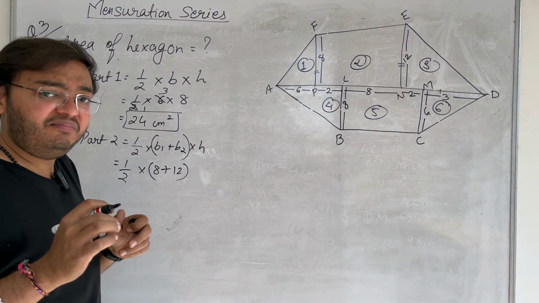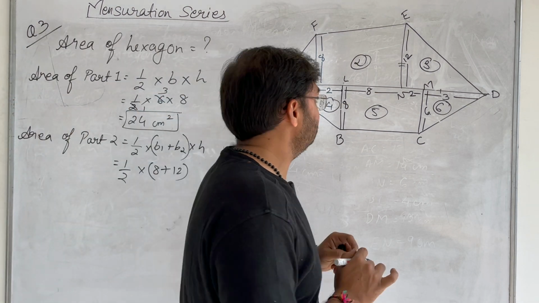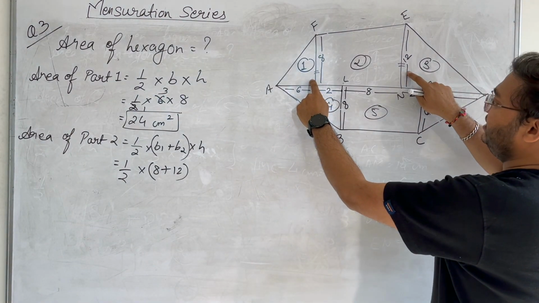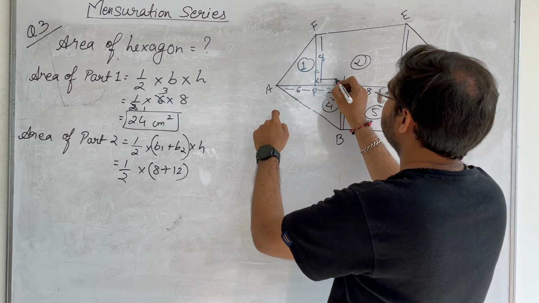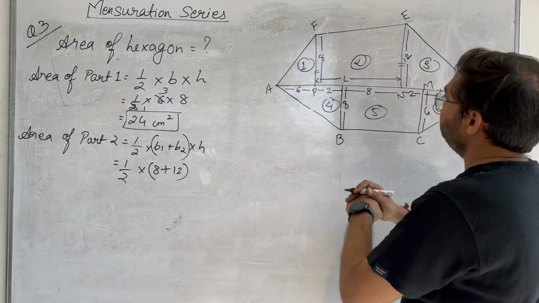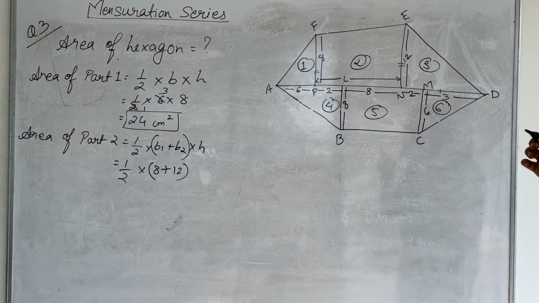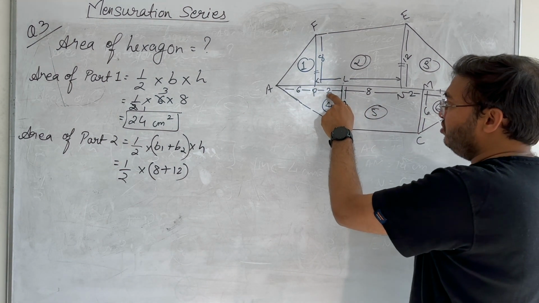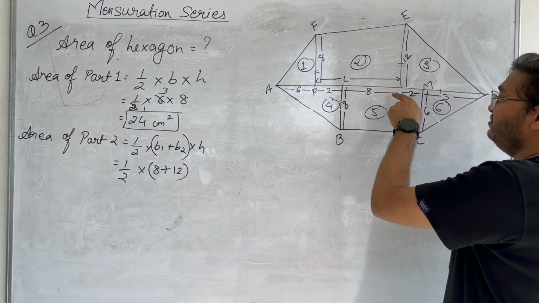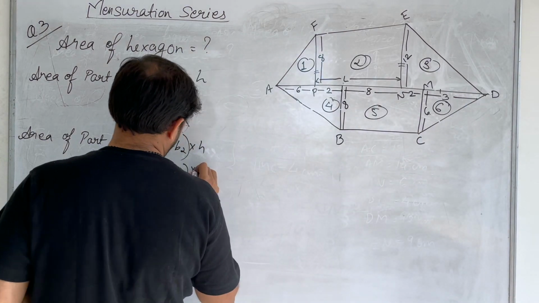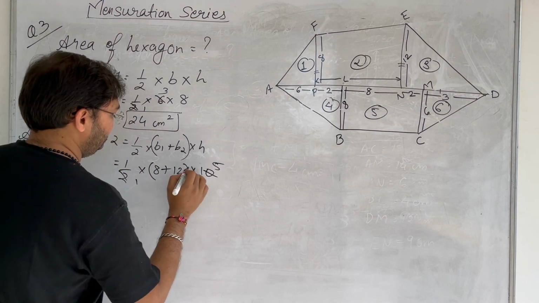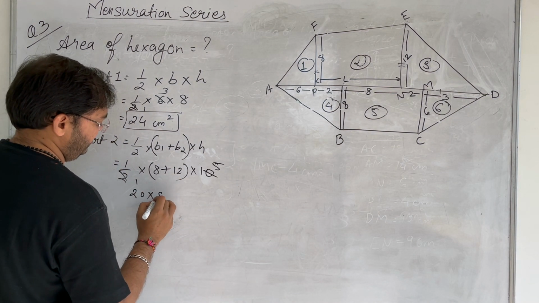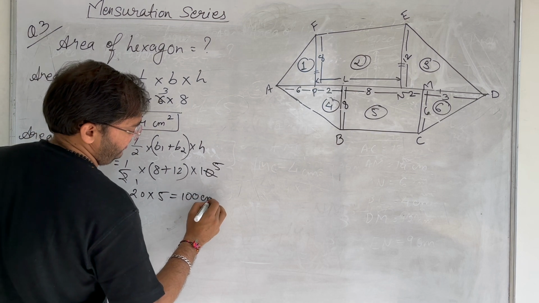And height is the difference between the parallel sides, which is 2 plus 8, that becomes 10. That means the height is 10. 2 1s are 2, 2 5s are. So here 20 into 5, which equals 100 centimeter square.